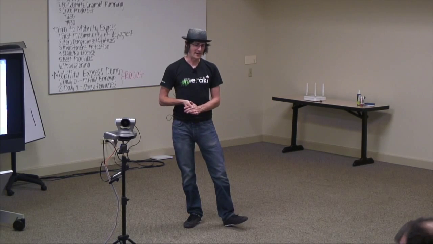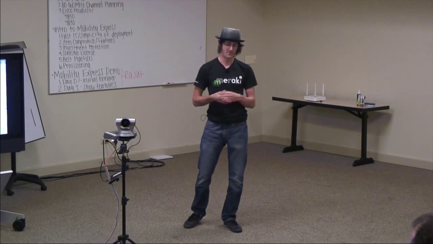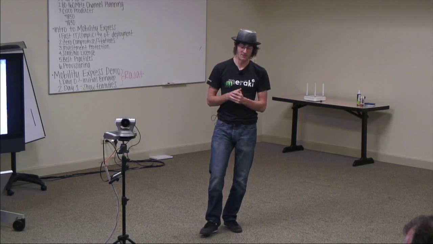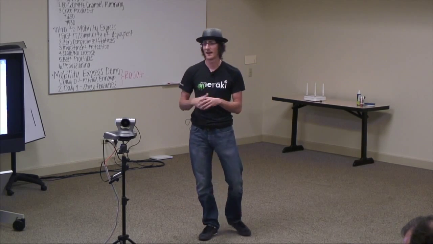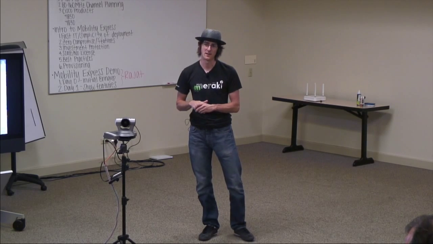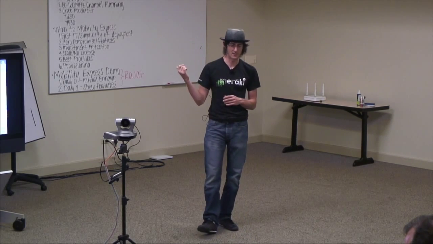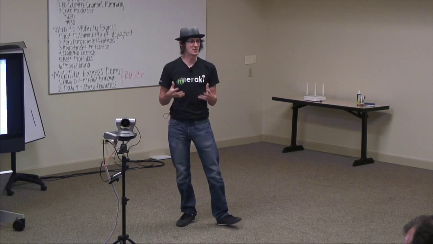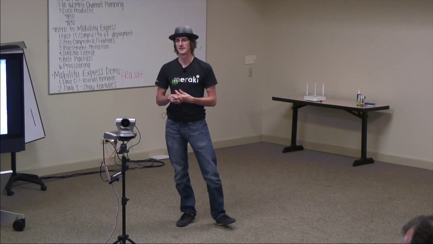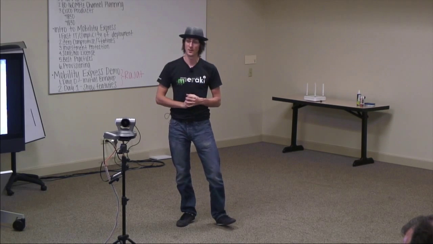One of my favorite examples is a reference customer of mine in the UK, a company called Ladbrokes. You can watch some of their content on our YouTube channel. They have 2,500 locations with one AP per location.